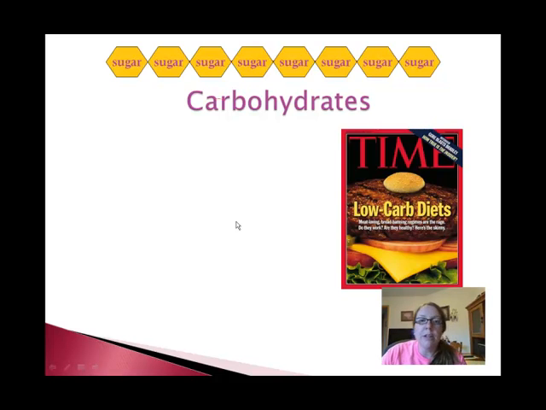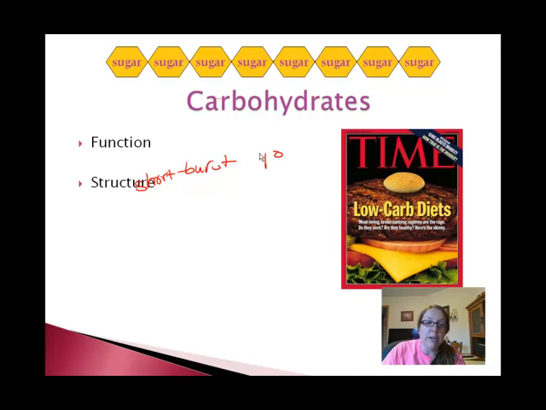So the first macromolecule is the carbohydrates, and their function, which is why we eat them before big track meets or athletic events, is that they're our body's short burst of energy. It's also the primary source of energy, where our body turns first to look for energy.